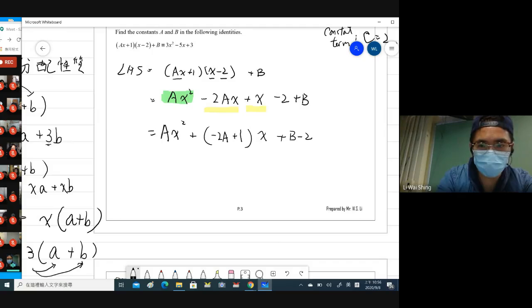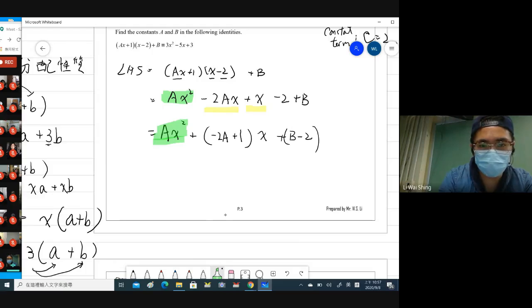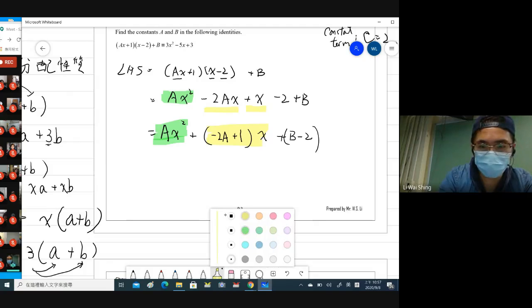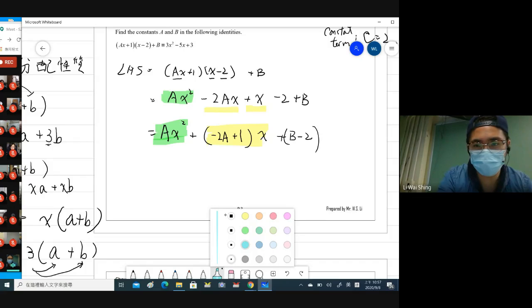So you can see we group them into 3 terms now. The x squared term, you group it inside yourself. And then the x term is here, you group it. Only one x term here. And then the number without x, we call it the constant term, you group it yourself here. Okay? You group all the terms.